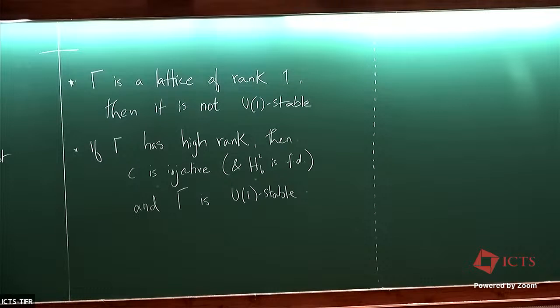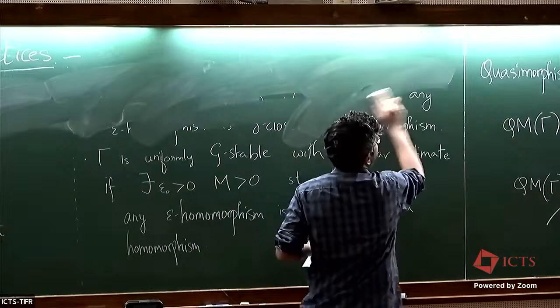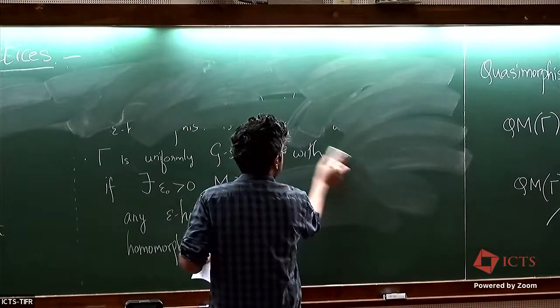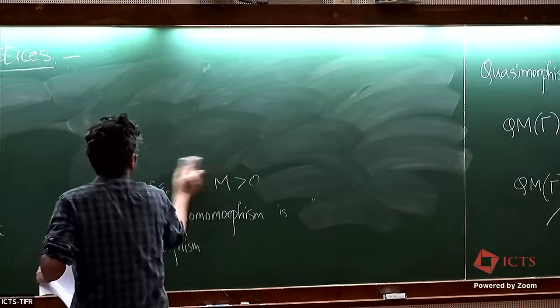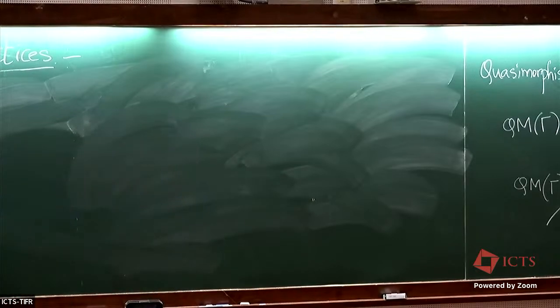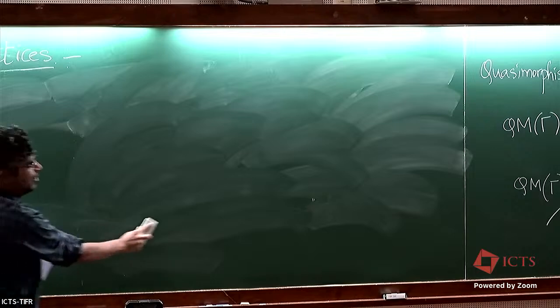I can't recall anything about hyperbolic groups. What I know for hyperbolic groups is that the comparison map is surjective. But that doesn't really help us with the question of stability as such. I think there's a theorem of Mineyev which says that the comparison map is surjective. We want injectivity. Any other questions while I rub the board?